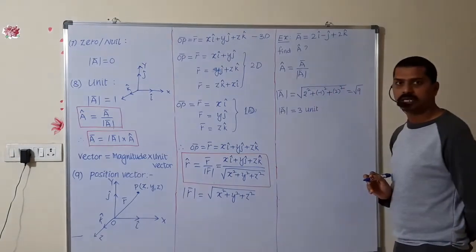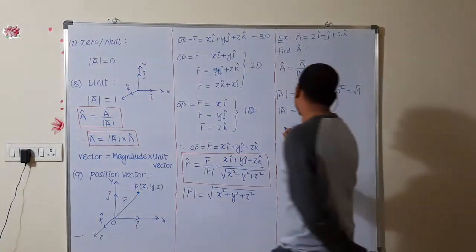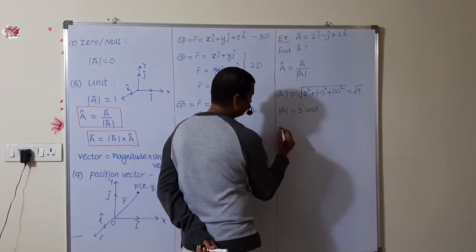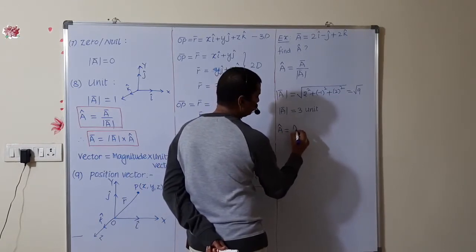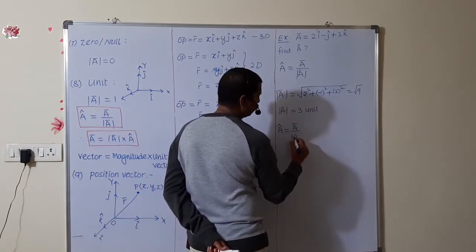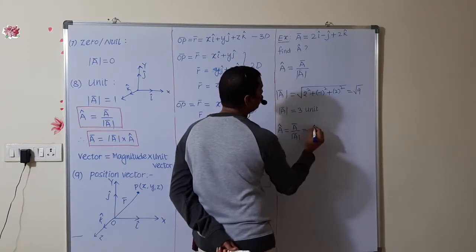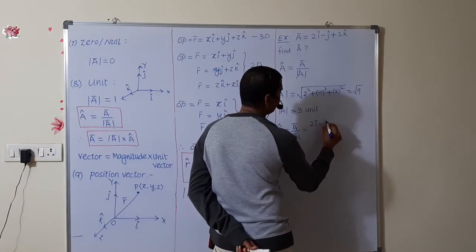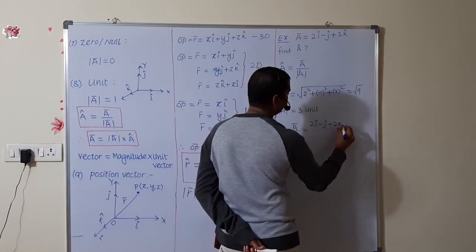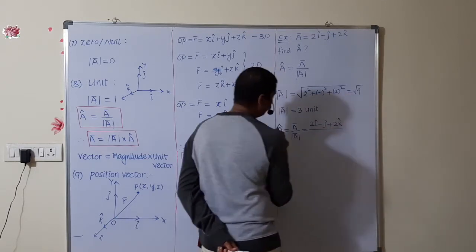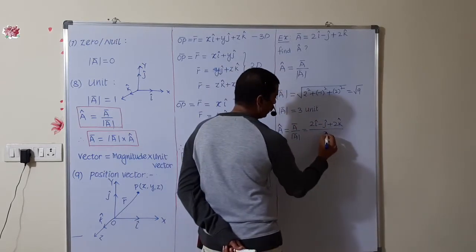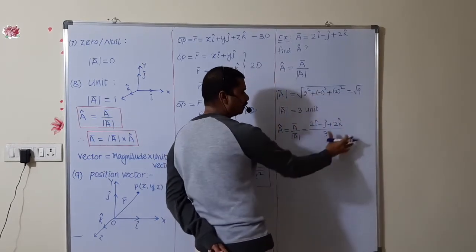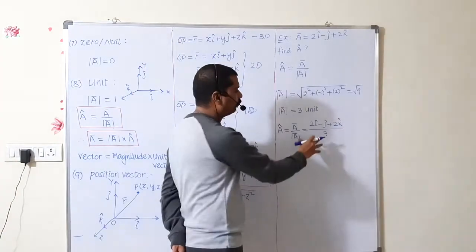We got 3. Now we have to find the A unit vector, which is equal to A vector upon mod of A vector. We write A vector as it is, 2i cap minus j cap plus 2k cap, upon mod A. The mod A value is 3. This is also a formula, the final equation.